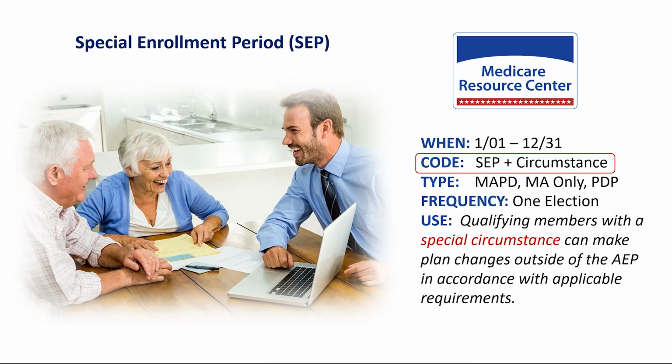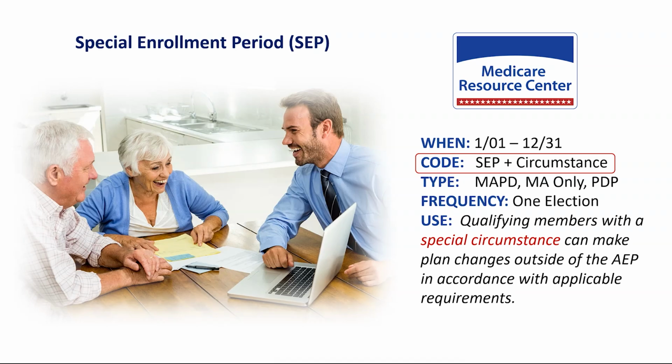All right. Now, in general, we're going to talk about special enrollment periods, and those are a little bit trickier because there's so many different circumstances. But the code that you're going to start with is SEP, which stands for Special Enrollment Period. The way my brain remembers it is they need a special reason, a special circumstance outside of the normal circumstances in which to enroll.